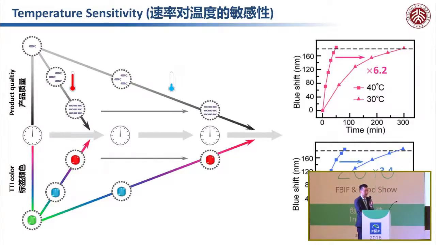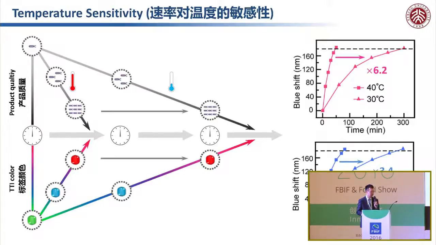Another thing I need to stress is that we need to take into consideration the temperature sensitivity of both processes, because like we discussed before, at higher temperature the process will be accelerated.